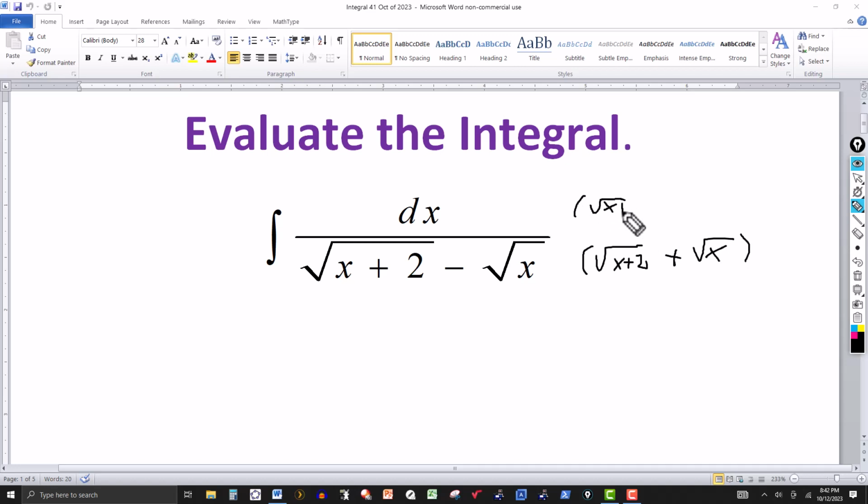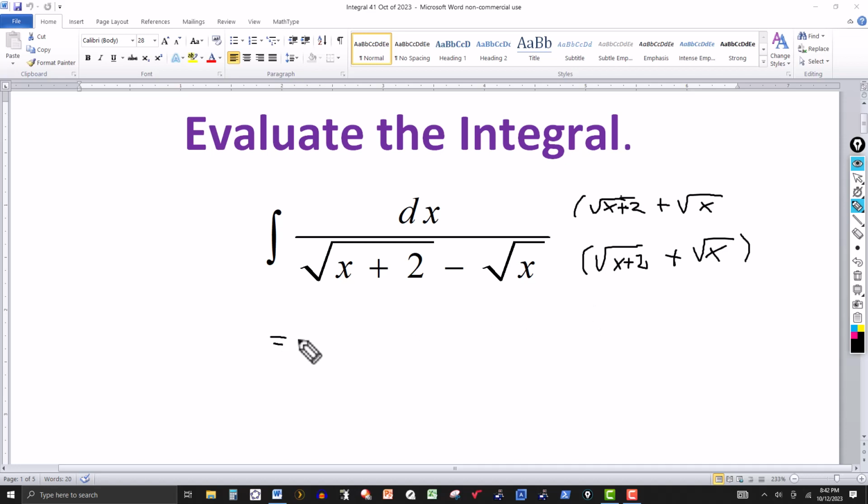And we can do that because all we're doing is multiplying the integral by 1. Notice, the square root of x plus 2 plus the square root of x over the square root of x plus 2 plus the square root of x, that's just 1. Those divide out.